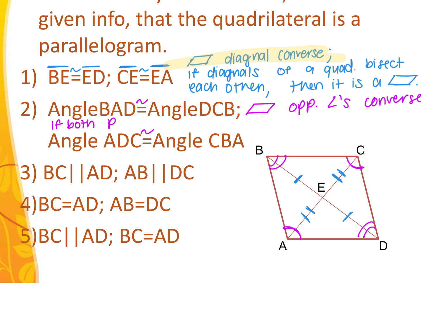If both pairs of opposite angles of a quadrilateral are congruent, then it is a parallelogram.